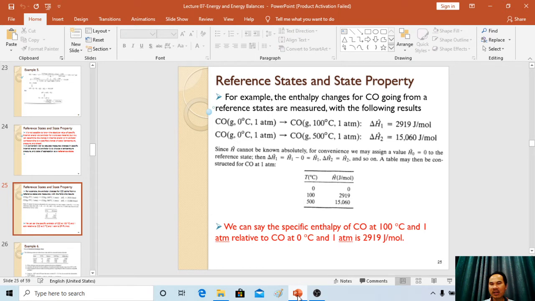Then we cannot calculate absolute enthalpy or absolute specific enthalpy. For convenience, we may assign H0 equal to 0 as the reference.